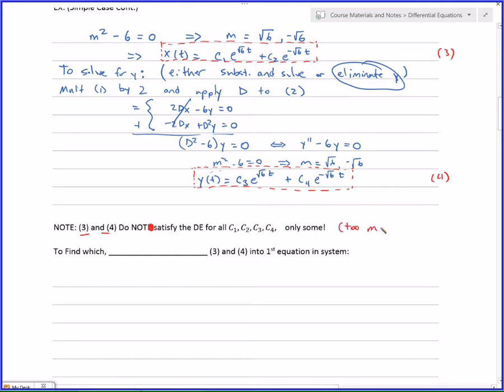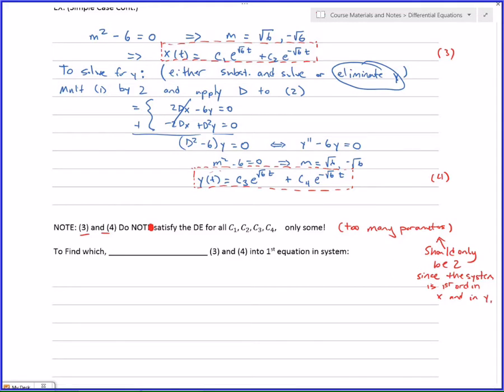There's too many parameters. Okay, just as a side note, there should only be 2, since the system is first order in x and in y.